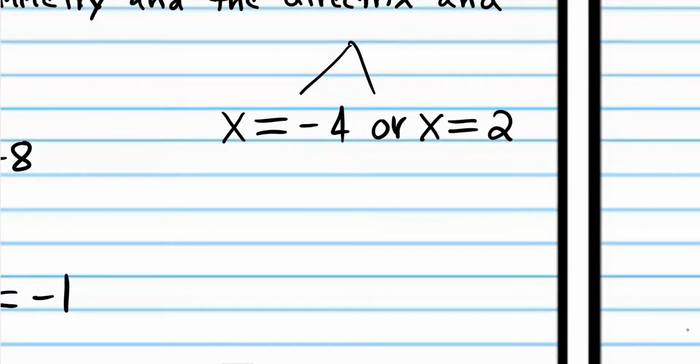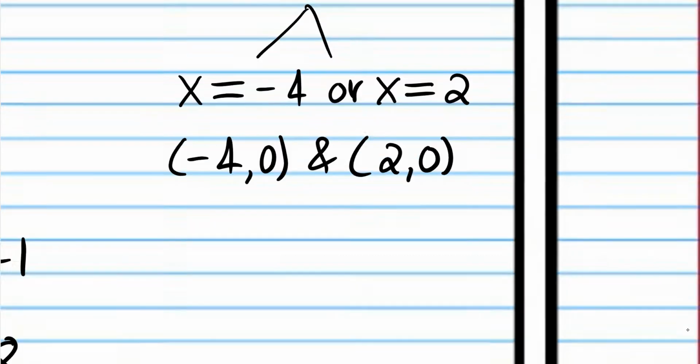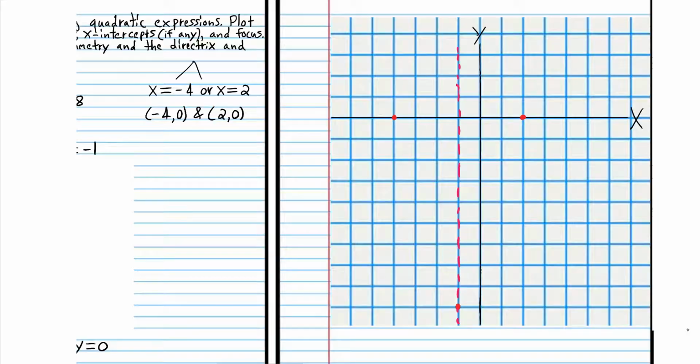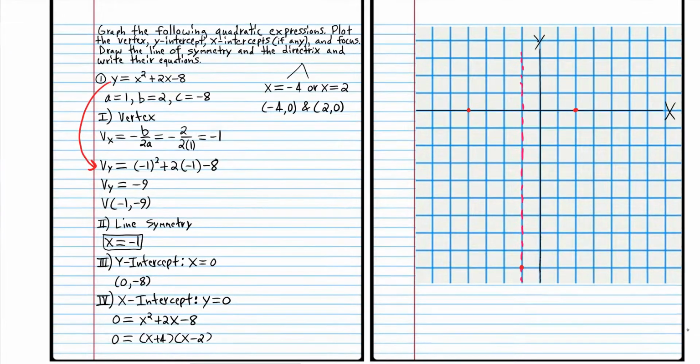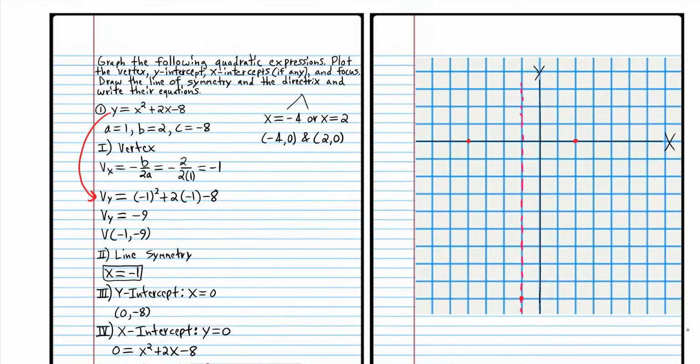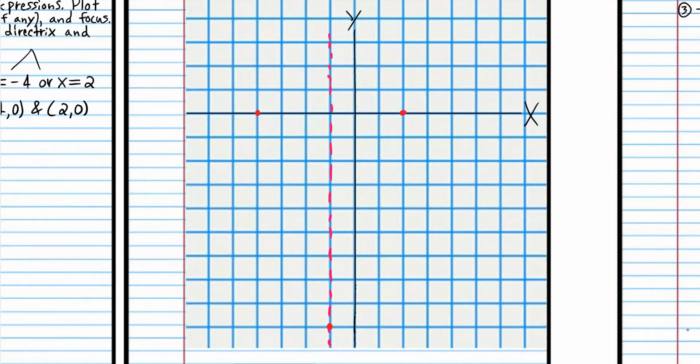So that means that the x-intercepts are going to be negative 4, 0, and 2, 0. So we can go ahead and plot those. And we didn't plot the y-intercept, by the way, so I'm going to go ahead and do that now. 0, negative 8. That's going to be all the way down here.